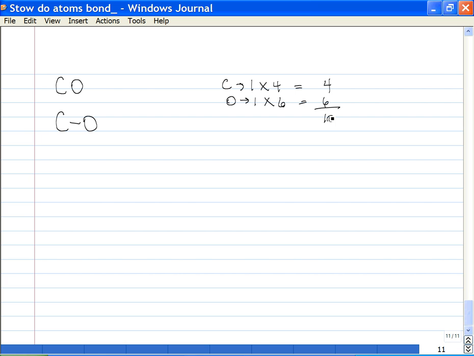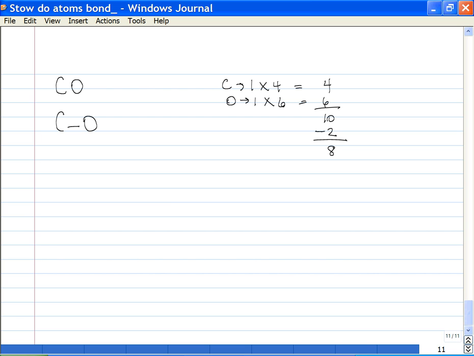So the total number of electrons that we have for bonding is 10. Then we look at the number of electrons already used up in the formation of the bond between the two atoms. Every dash in a bond represents 2 electrons, right? So there's one bond, therefore 2 electrons have already been used up, and there are 8 electrons to go around.